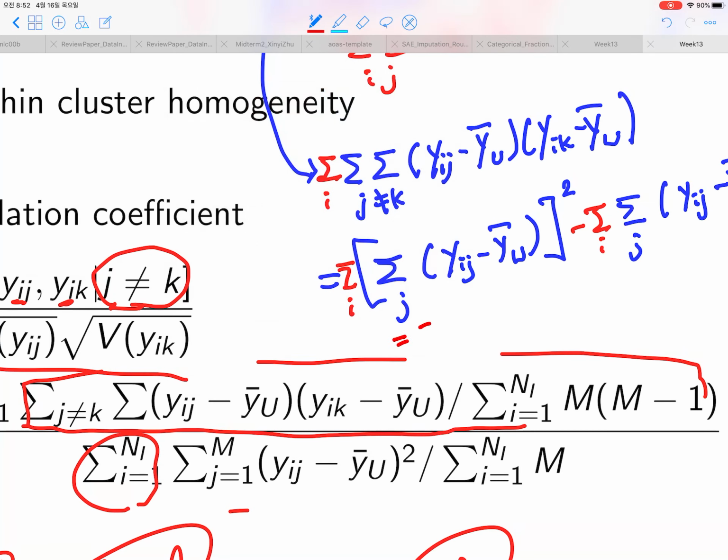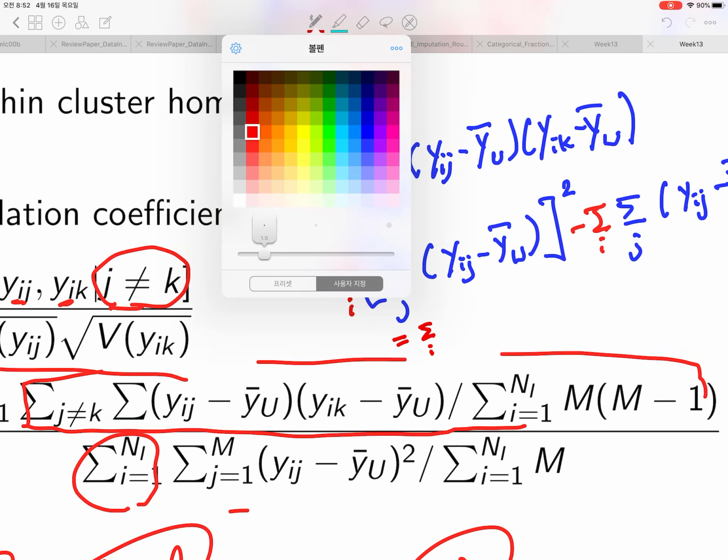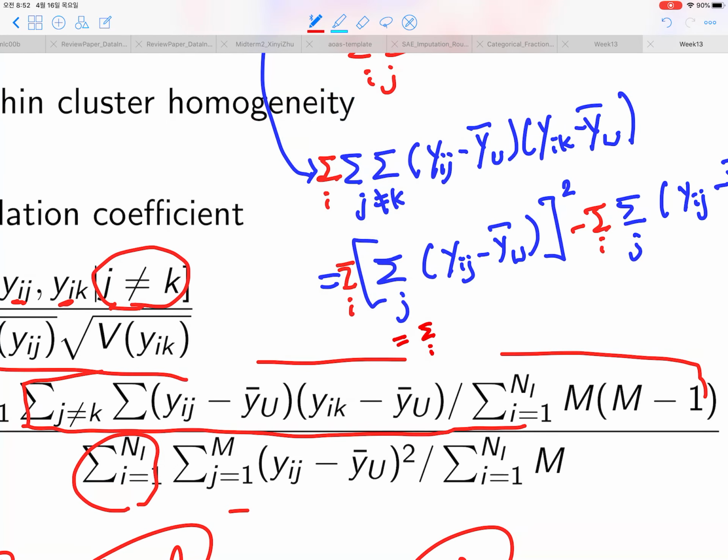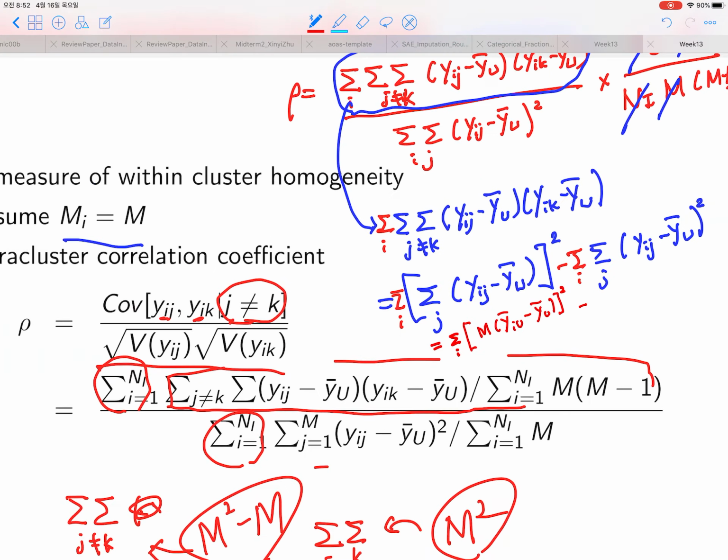We can write it as m times (y bar_i minus y bar_u) squared, minus the second one.